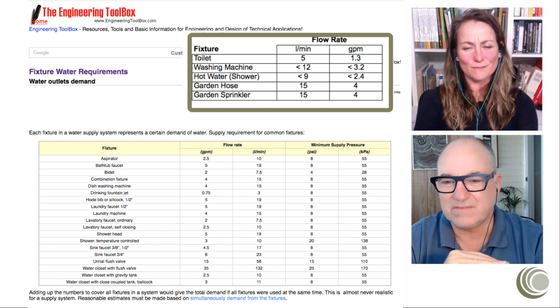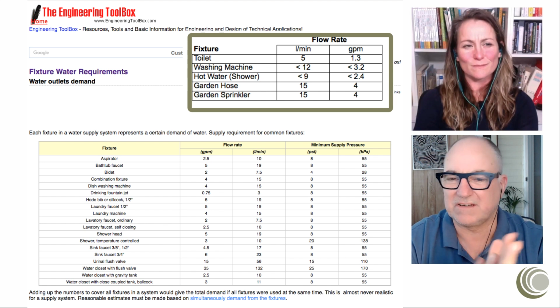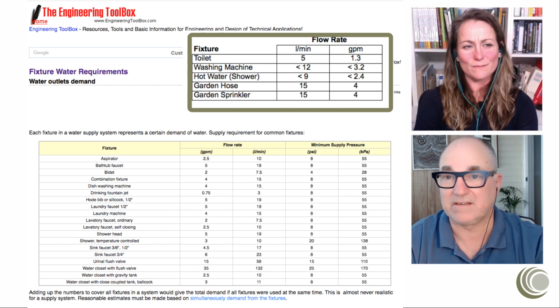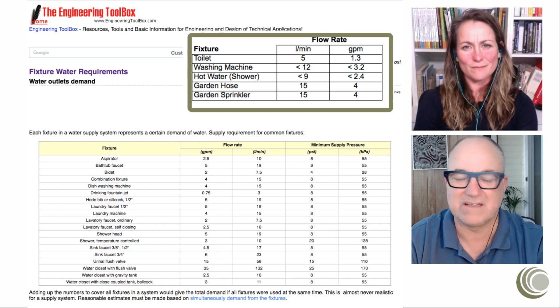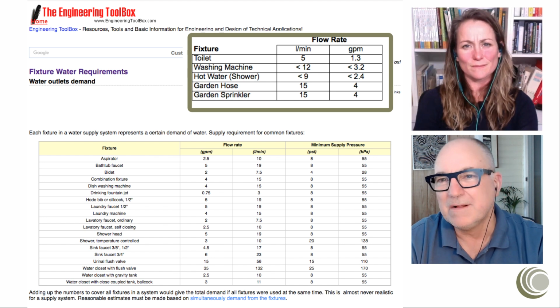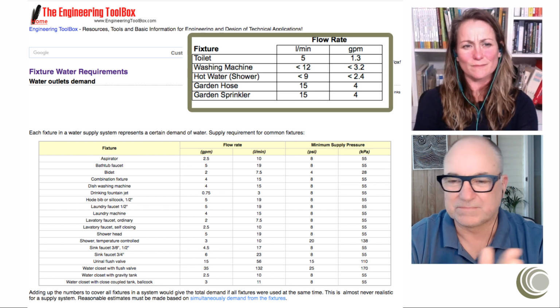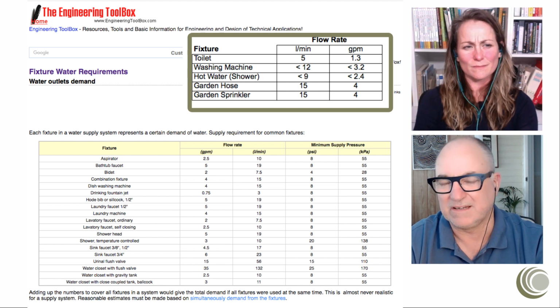So at the very first top up of your toilet, it might be the maximum flow rate, whatever you can supply. But your toilet cistern valve actually stops that flow rate very quickly as it fills up. So the flow rate diminishes as your cistern fills up.